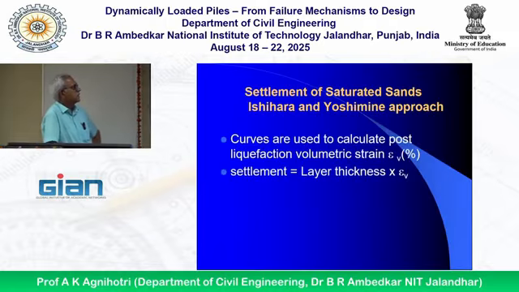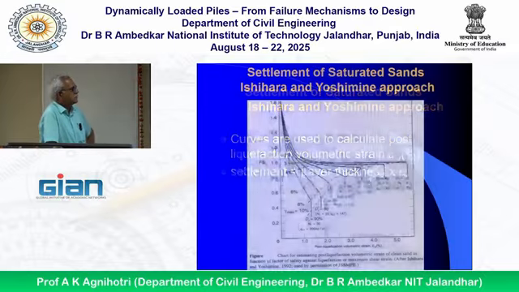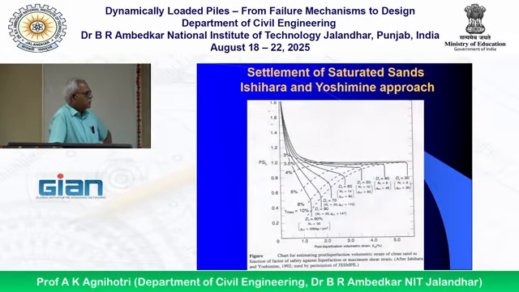Similarly, another approach is Ishihara and Yoshimine approach. They have also given some curves which are used to calculate post-liquefaction volumetric strain. Settlement will be layer thickness into strain. These set of curves they have developed: post-liquefaction volumetric strain and factor of safety which you have calculated. These curves are for N1 60, QC1N.